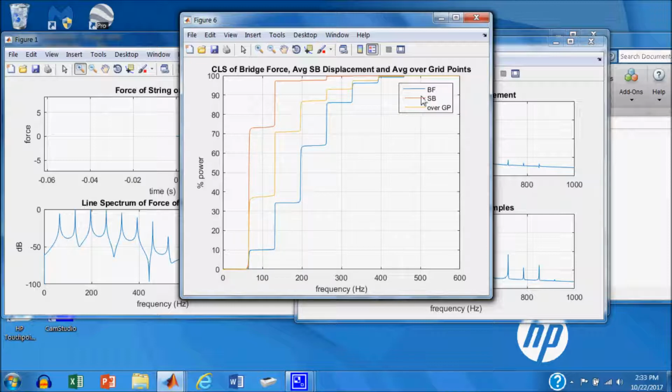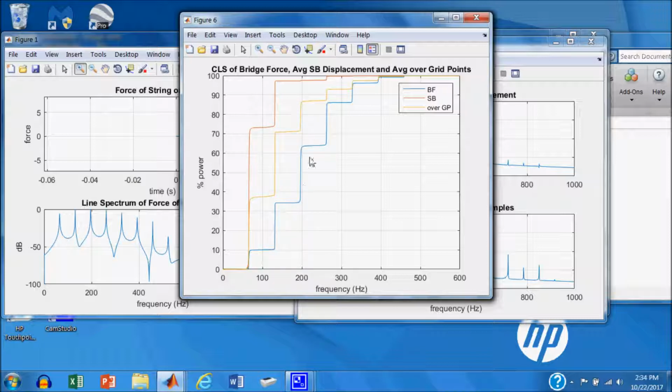You can see that the average soundboard, which is given by this orangish curve here, most of the power, about 75%, is at the fundamental, about another 20% at the first or the second harmonic, and then not much at the higher frequencies because there's a lot of loss of power at the higher frequencies when the average soundboard signal was looked at.